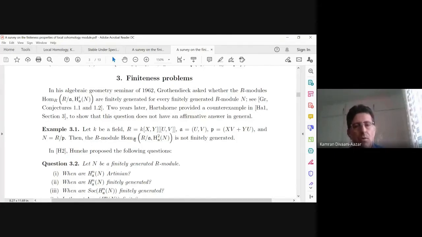Then the R module Hom of R over A, H_A^2 of N, is not finitely generated. So by this example, Hartshorne showed that Grothendieck's question has a negative answer.